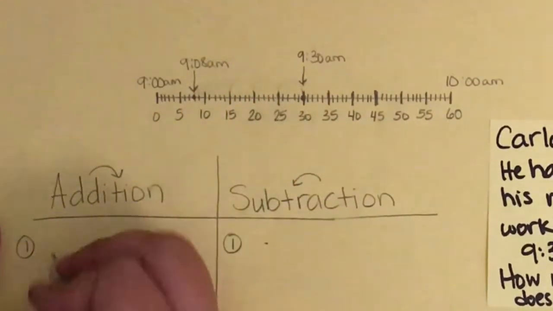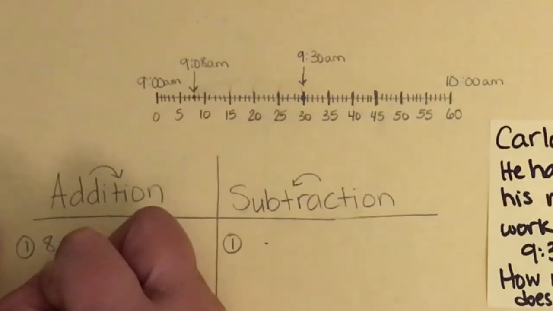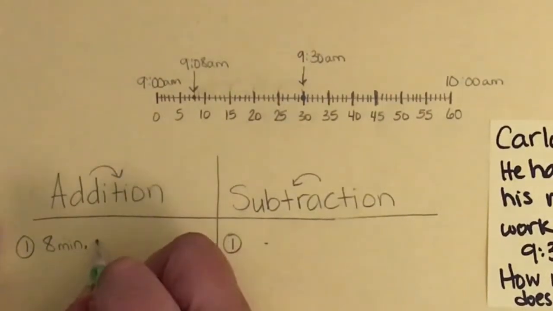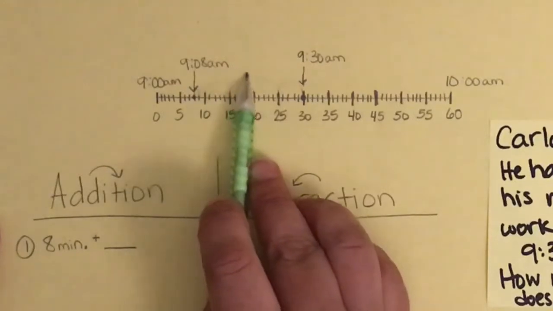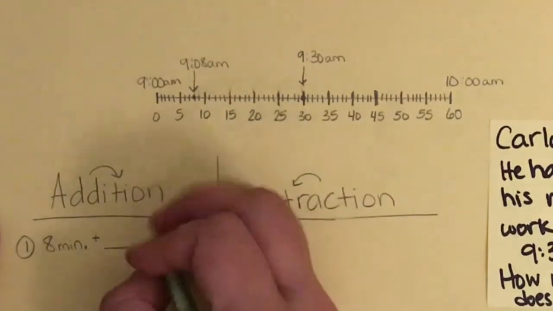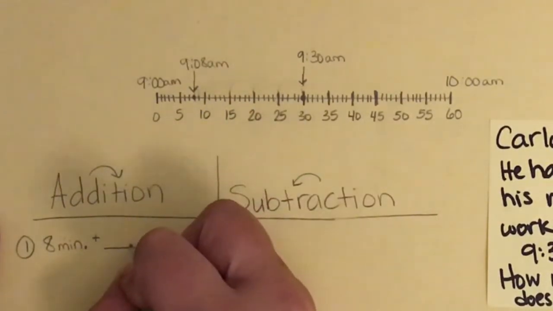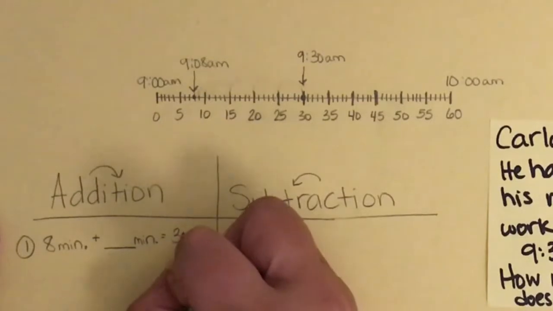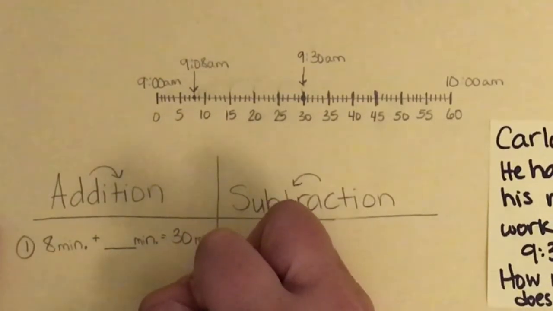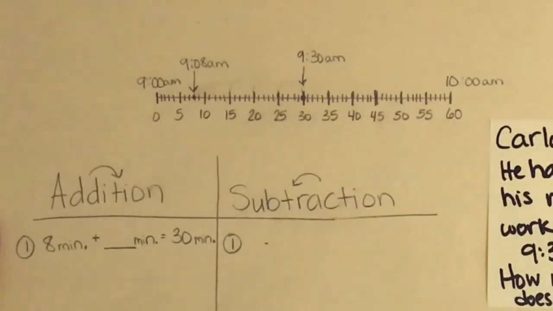So your problem right now is 8 minutes, and we'll put 8 min. plus, and our unknown is how many minutes we're going to add to 9:08 to get to 9:30. So 8 minutes plus mystery minutes, or unknown minutes, equals 30 minutes. So 8 plus what equals 30?